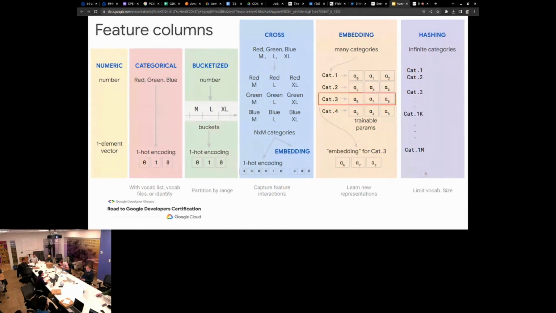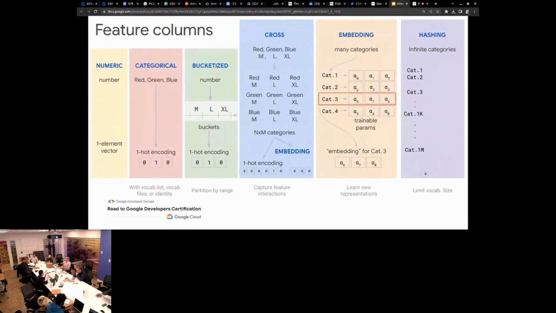Apart from that is when you want to bucketize your system. Here you are dealing with a numeric feature, but these numbers do not carry all of the value. It doesn't add that much value if you care about each of those floating point numbers.